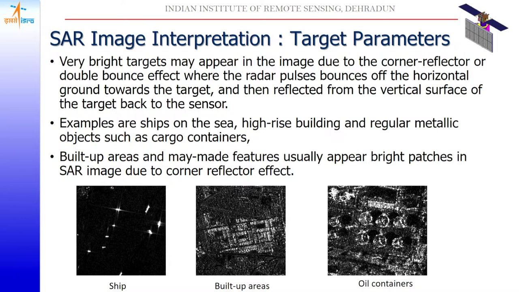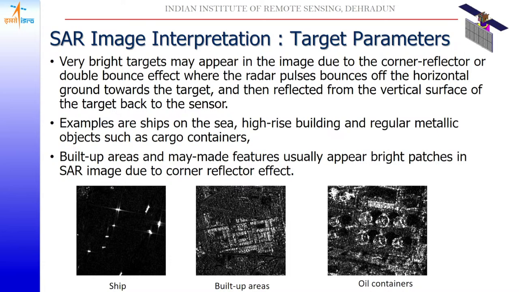Here you can see different man-made targets or features. This is a ship in the ocean. Ship detection in SAR images is much better compared to optical, because first, in SAR images we don't have clouds.